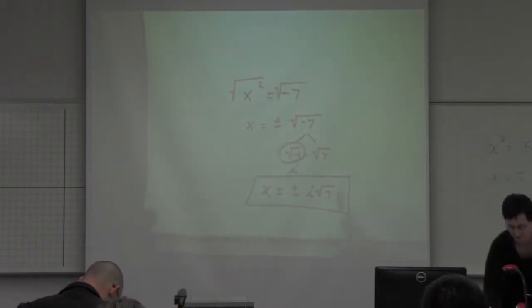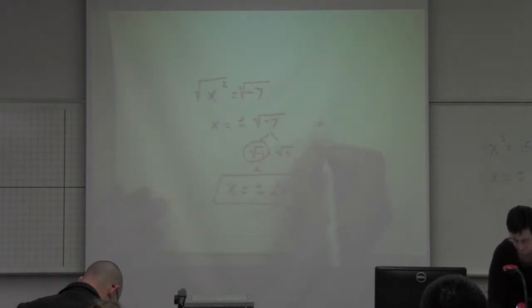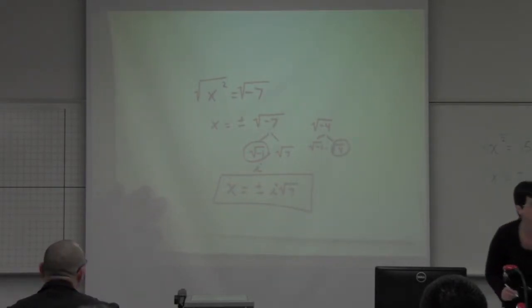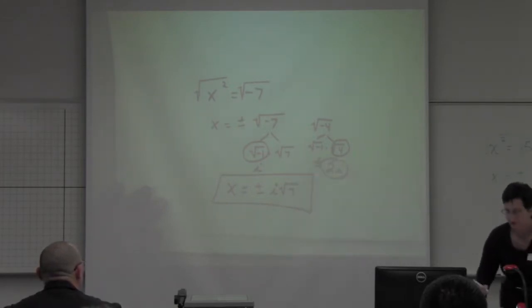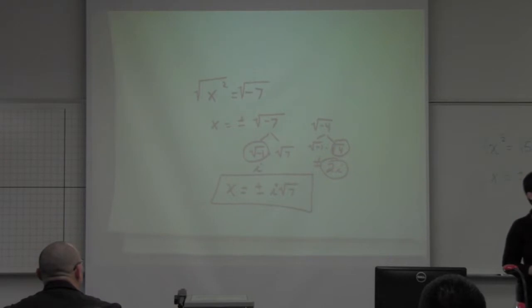Excellent question. Same thing right here. But what is the square root of 4? 2. And so it would be plus or minus 2i. Excellent question. So notice that they are assuming that you already have 320 skills ready to go.